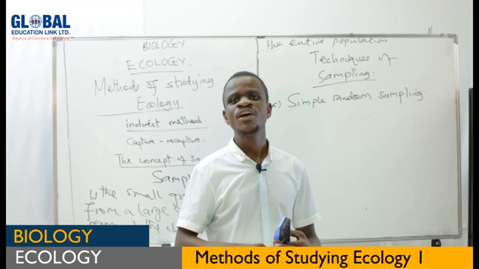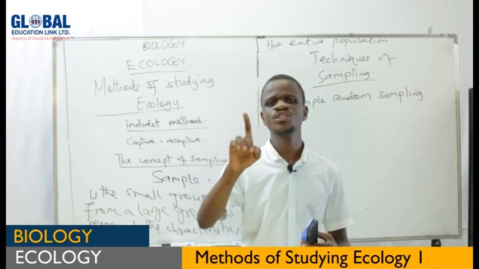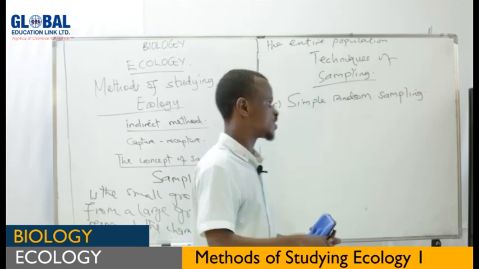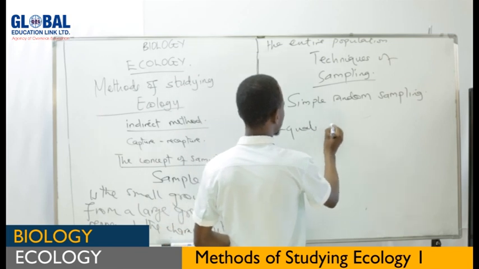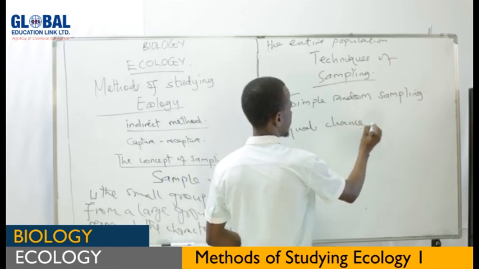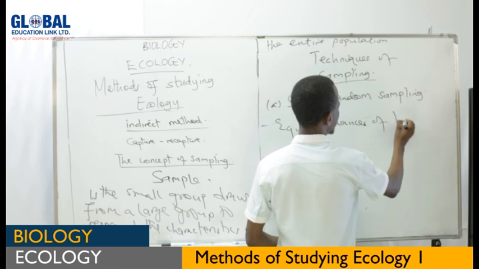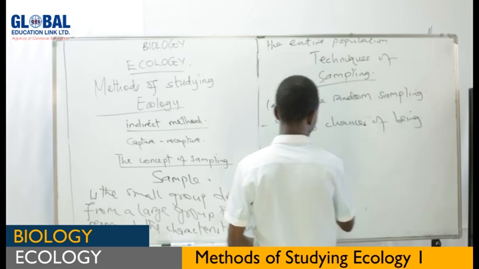In a population, every member of a population has an equal chance of being selected. Therefore here, each member has an equal chance of being selected.